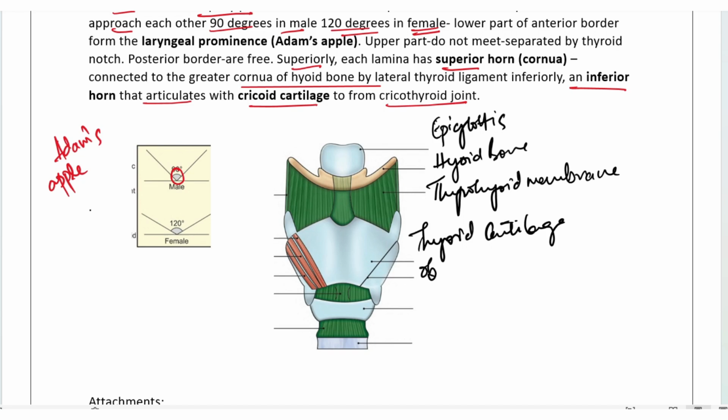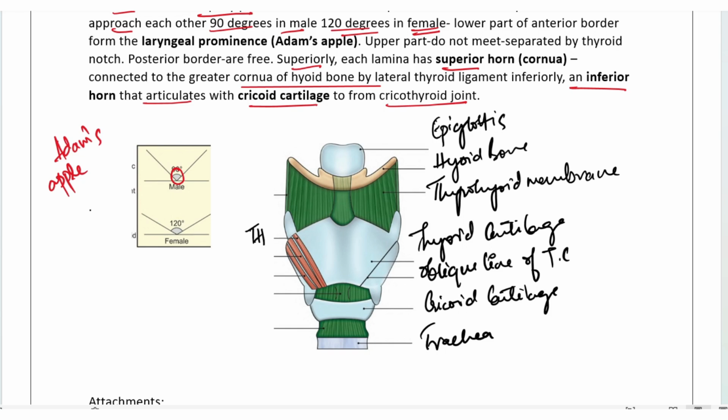This is the oblique line of thyroid cartilage. This is cricoid cartilage. This is trachea. We have 3 muscles also. This is thyrohyoid, sternohyoid, and thyropharyngeus.